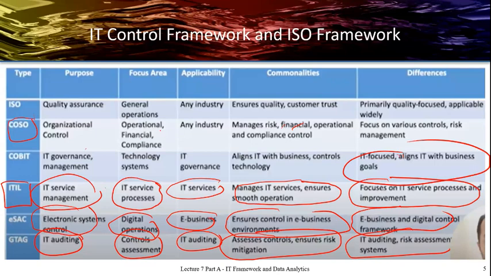What they are looking at is operational, financial, and compliance. This can be applied to any industry. ITIL is only for IT, while this covers risk, financial, operational, and compliance control. So it focuses on various control and risk management. Let's look at the COSO now.